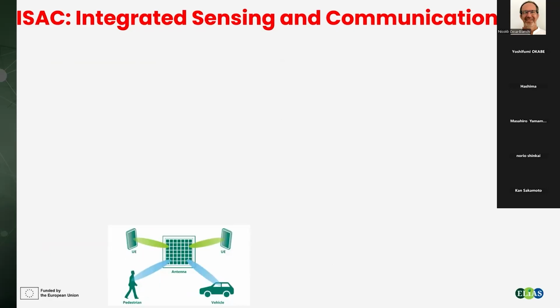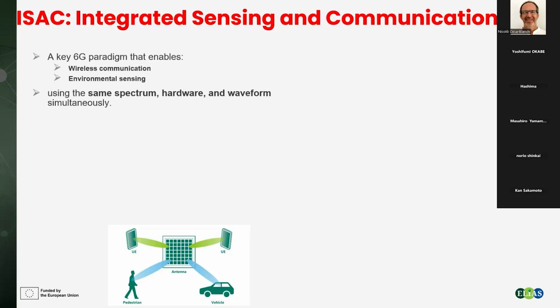The third technology today is ISAC. ISAC is integrated sensing and communication. And instead of only communicating and seeing the channel, we will sense the target too. So we have two functions, communication and sensing, at the same time.